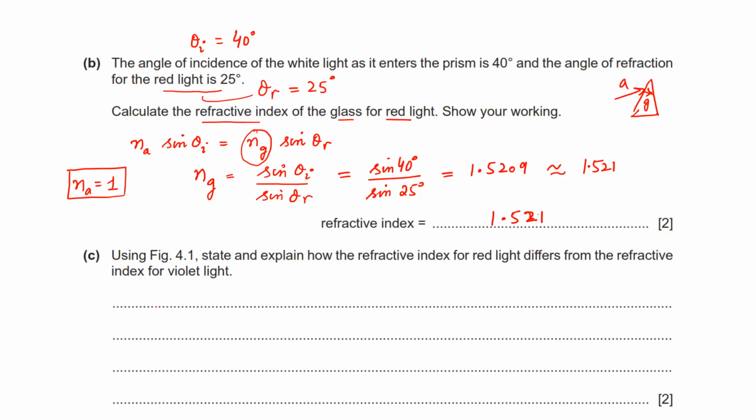So using the figure, we have to explain, there are 2 marks, so we have to give these 2 points.